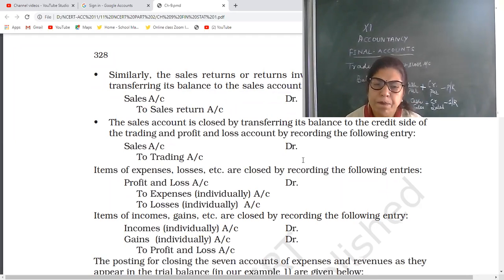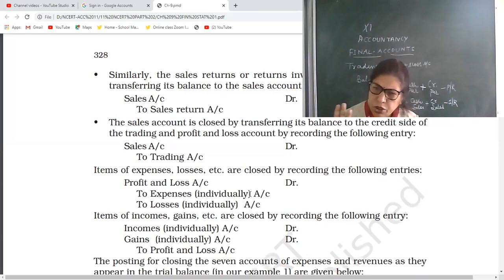Yes, please. Simple. Look at the screen. Profit and loss account debit to salaries paid account. Okay. What will be the closing general entry for advertisement expenses paid? Same. No change. Profit and loss account debit to advertisement expenses.